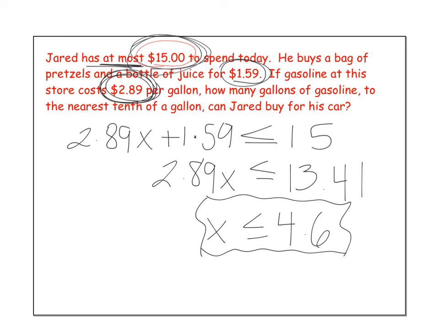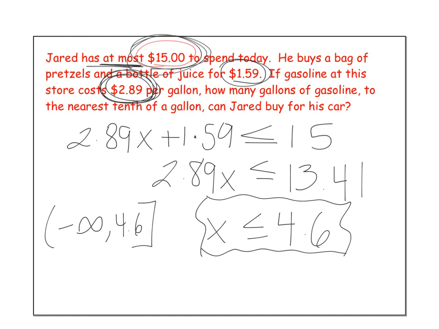Now notice the less than or equal to, he doesn't have to get 4.6 gallons. I'm just saying if he wants to spend the rest of his money on gas, that's how much he can get. And in the context of this problem, we could theoretically write this in interval notation. So x less than or equal to 4.6, you would say negative infinity, comma, 4.6, and bracket.